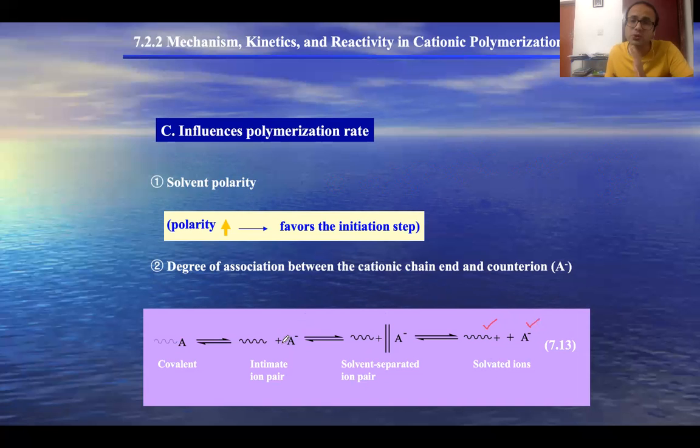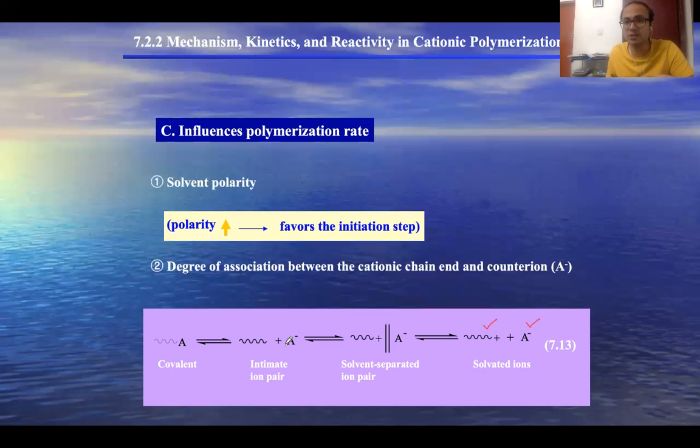So whenever we do polymerization using cationic polymerization or even anionic polymerization, it is essential that we check the polarity of the solvent that we use. Oftentimes, the solvents used are not those with a high dielectric constant like water or methanol, but rather certain organic solvents like chlorinated solvents.